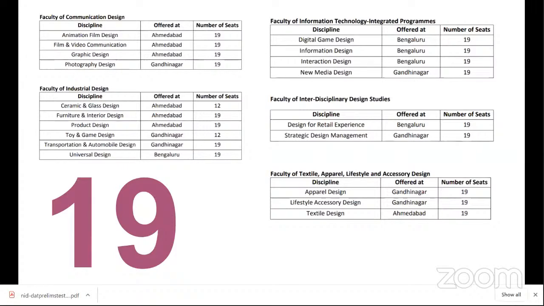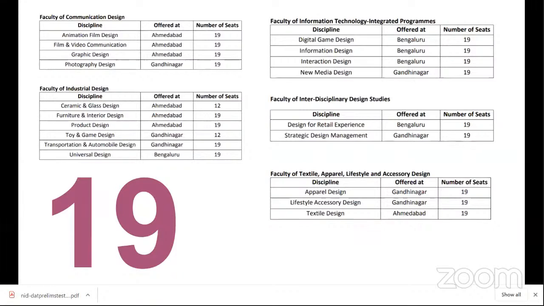Previously, in 2019, there were faculty specific questions. Now, in 2020, they have made discipline specific questions.